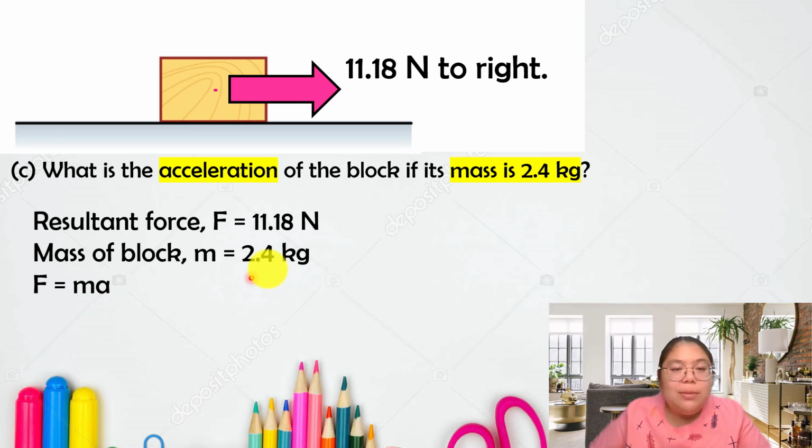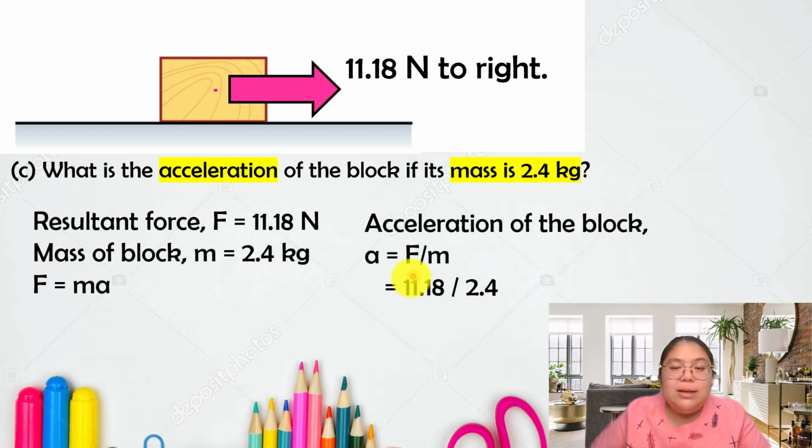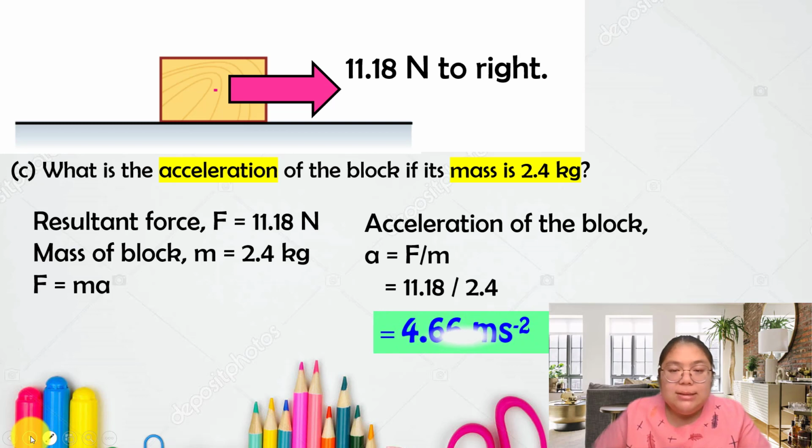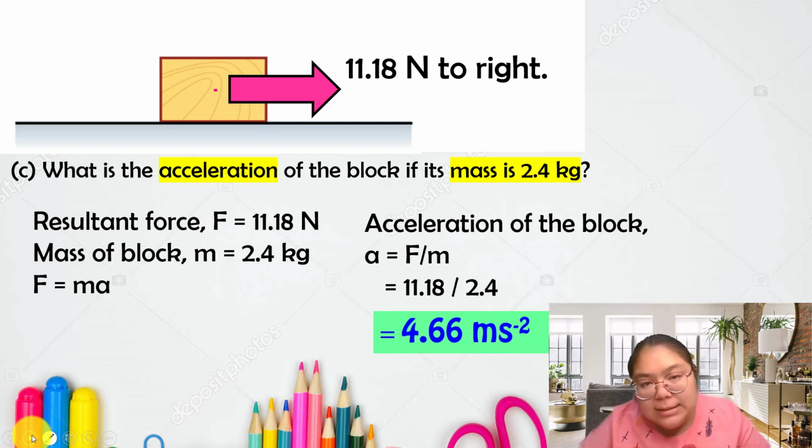F equals ma, where the resultant force is 11.18. The mass is already provided, so we need to find the acceleration of the block. From here, 11.18 over 2.4, the acceleration is 4.66, and the unit is meters per second squared. This is a continuous question.